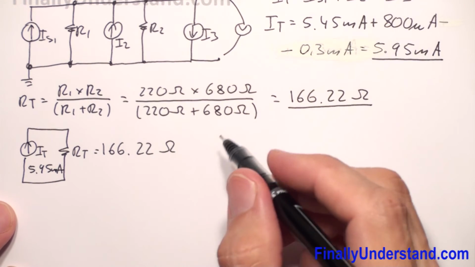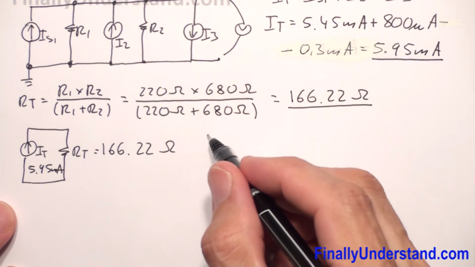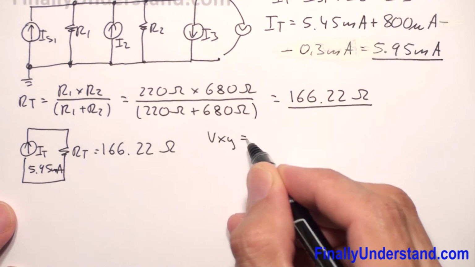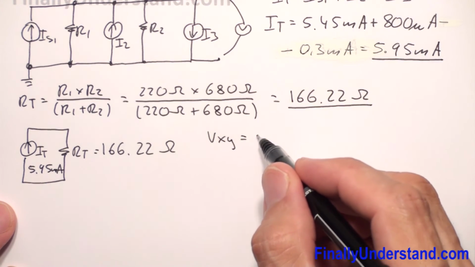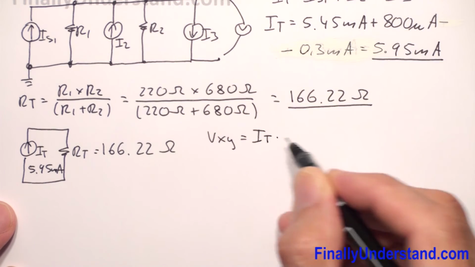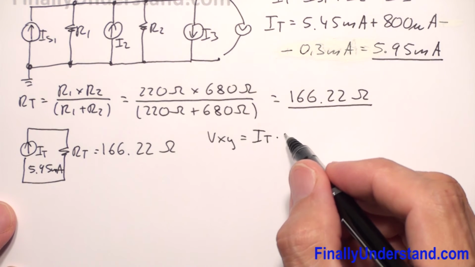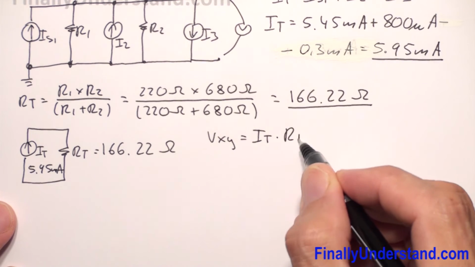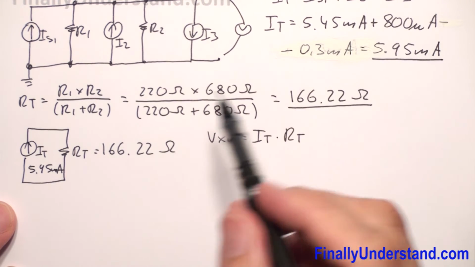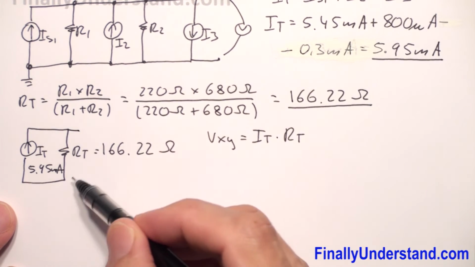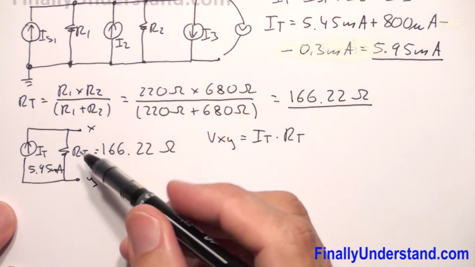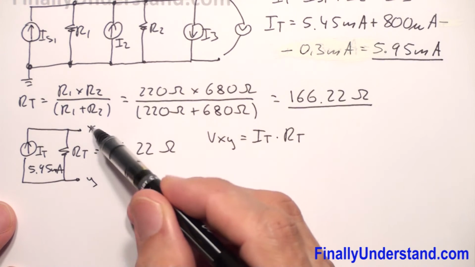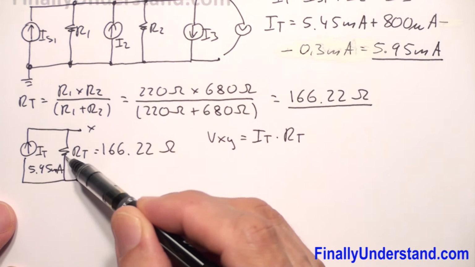Okay, so if you want to find VXY, you're supposed to use Ohm's law. So this is I total times R total, because these are the terminals XY, so voltage across these two terminals is equal to the voltage across this resistor.